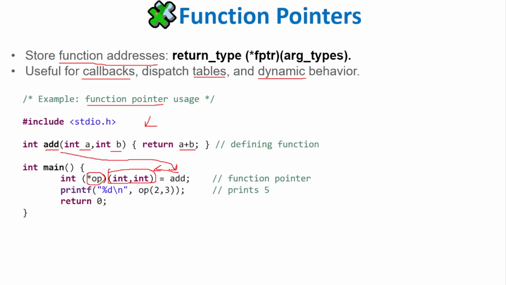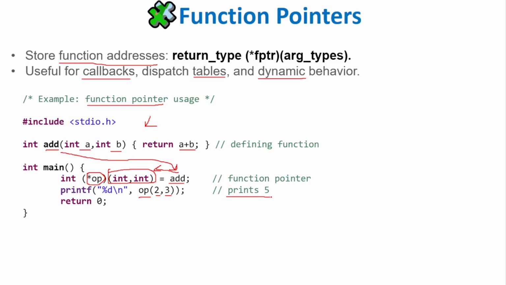The function pointer is then assigned the address of the add function, allowing OP to reference it. When OP is called with 2 and 3 as arguments, the function pointer invokes the add function indirectly, passing the values 2 and 3 as arguments.